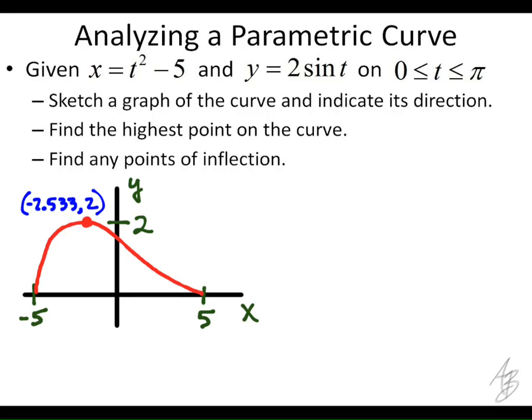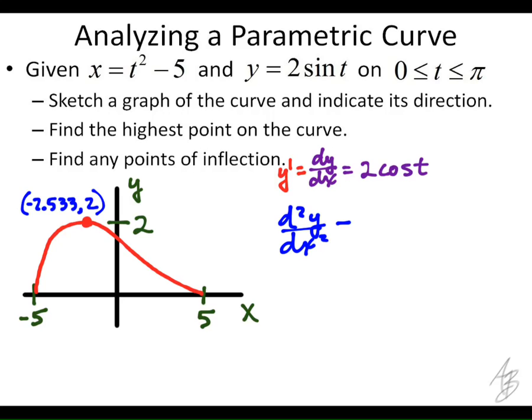So now we want to find points of inflection. To find points of inflection, what are we going to need to do first? Take the second derivative. So just to refresh here, we had dy dx is equal to 2 cosine of t, right? So the second derivative, we're going to say this is y prime here. The second derivative is going to be d squared y over dx squared.